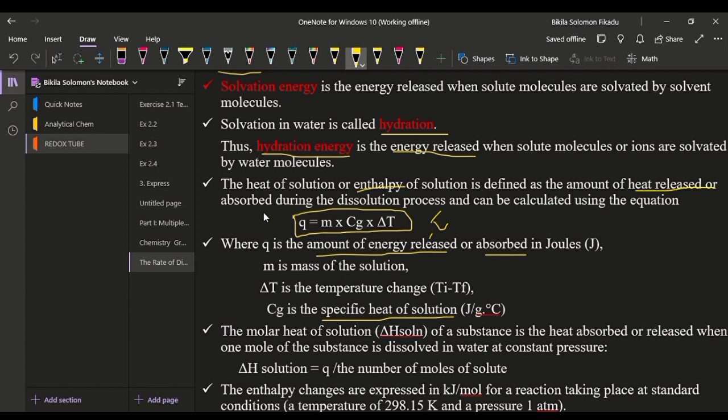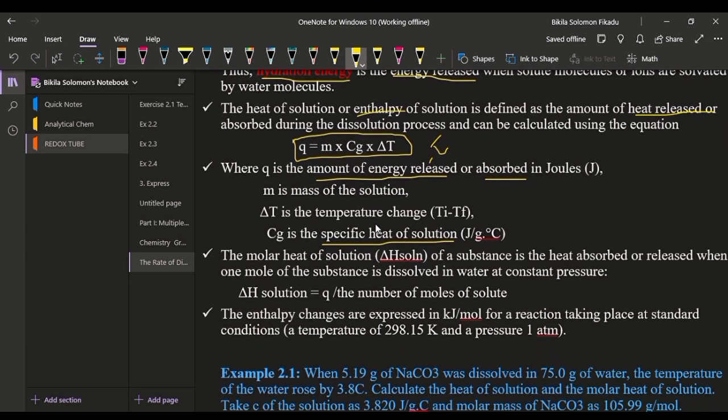So simply enthalpy of solution or heat of solution means the amount of heat released or absorbed during the dissolution process jechuudha. So formulaan isaa kanaan argachuu dandeenya jechuudha. Formulaan isaa maalidha? Amounts of energy released or absorbed in joules equal to mass of the solution times specific heat of solution times temperature change jechuudha. Formula kanaan enthalpy of solution yookaan heat of solution argachuu dandeenya jechuudha.